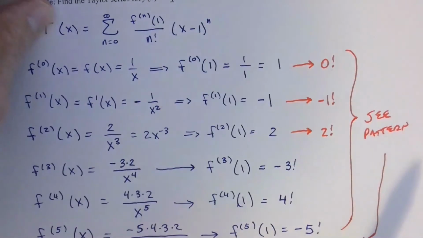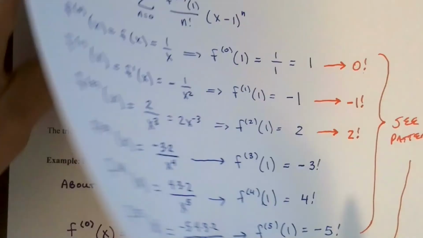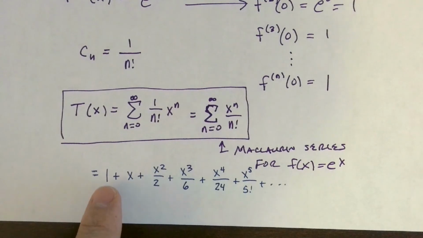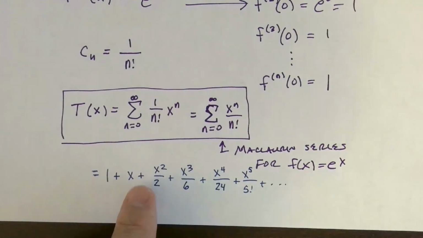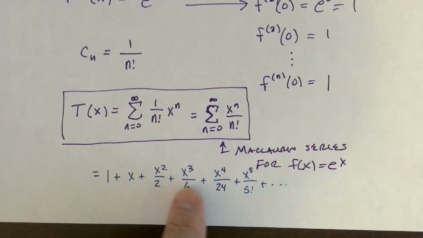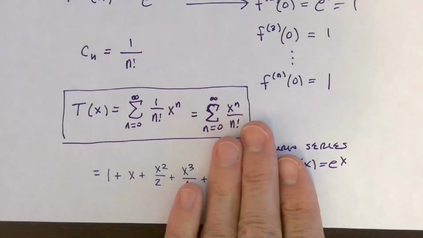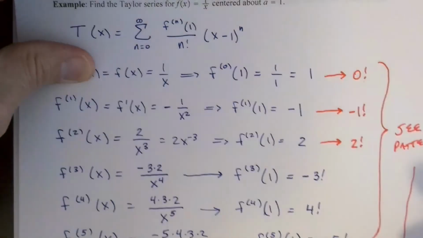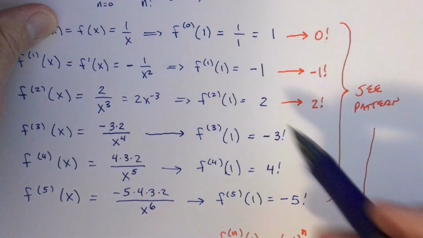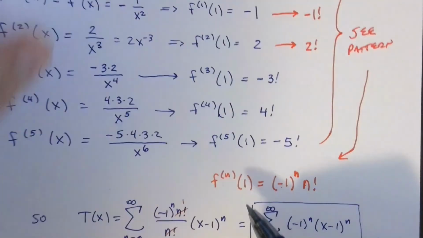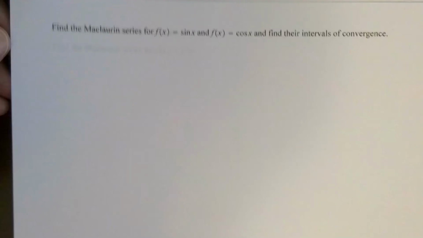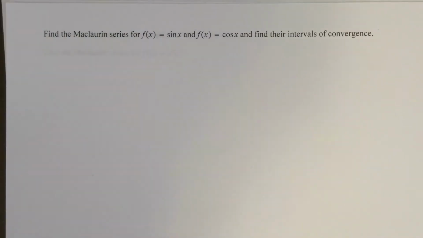In other words, going back to our example for the Maclaurin series, if I asked you to write the first 4 terms of the Maclaurin series for e to the x, you would just have 1 plus x plus x squared divided by 2 plus x cubed divided by 6, and then you could stop there. But in general, if you're going to find the Taylor or Maclaurin series, you have to find the pattern of the nth derivative of the function evaluated at a. And we're going to do that again for sine and cosine.